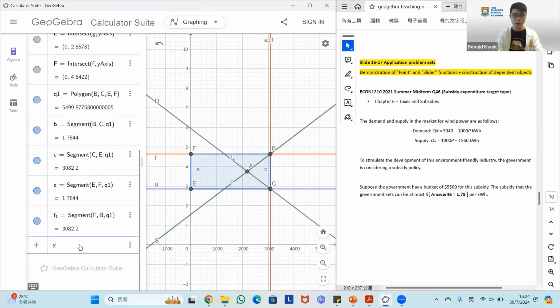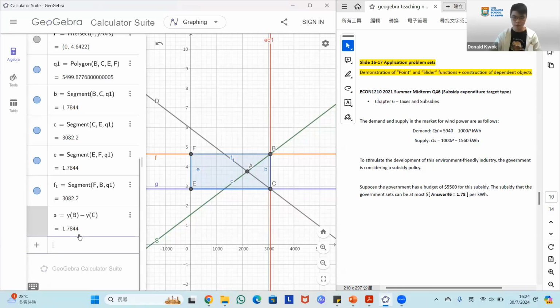It will simply be y(B) minus y(C), the y coordinate of point B minus the y coordinate of point C. Okay, so the desired per unit subsidy will be $1.78. This is how we can make use of the slider function to conduct a kind of trial and error in GeoGebra as an alternative experimental approach to solve the target type question.